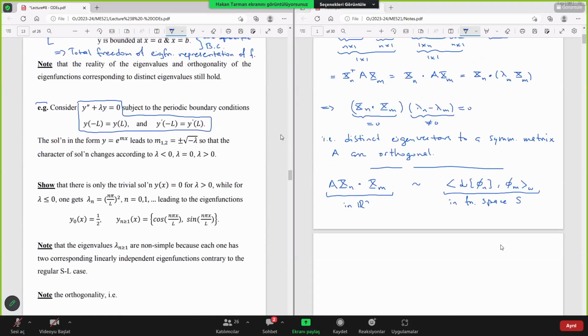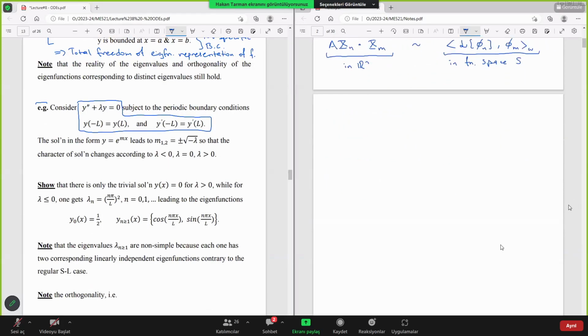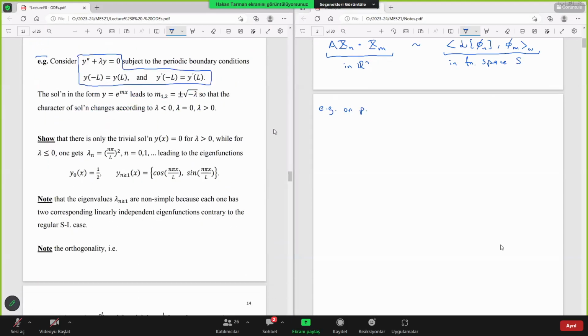So let's solve it. At least let me start it, and I'll give you a break. All right, so this is an example on page 13. We have y double prime plus y equals 0, and we know that this is a constant coefficient problem.